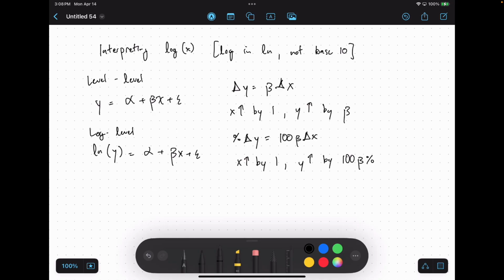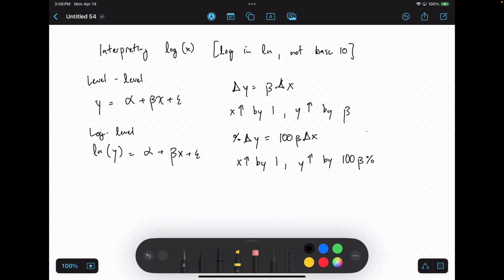So x goes up by 1, y goes up by beta percent, essentially. Is that jogging anyone's memory? Has anyone heard of that before? So it's a kind of unique feature that allows you to do this interpretation.